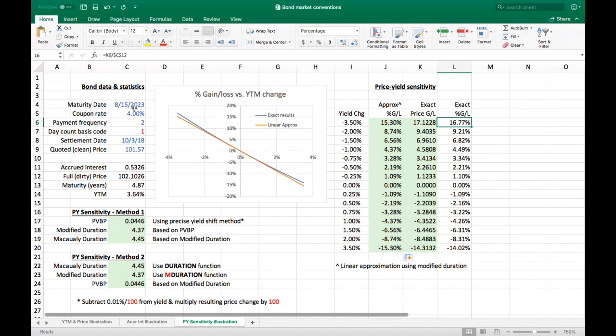But now we've got the power to do this with much more realistic situations where we have bonds which are not going to exactly line up with even maturity dates. So here we have a maturity of 4.87 years, and everything works beautifully. So that's it. Thank you for listening.